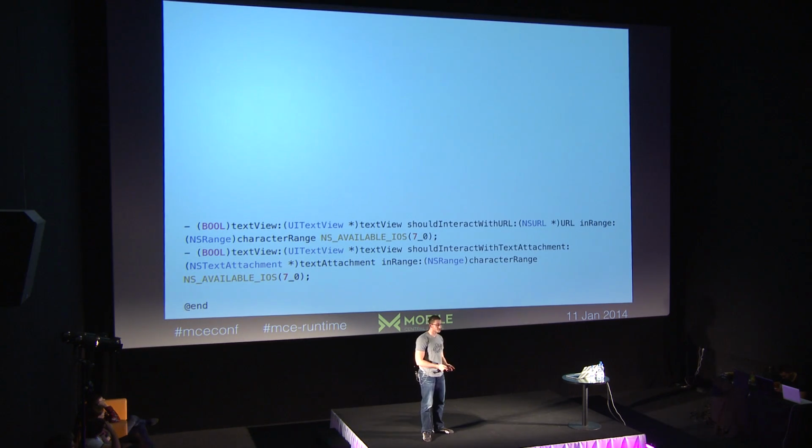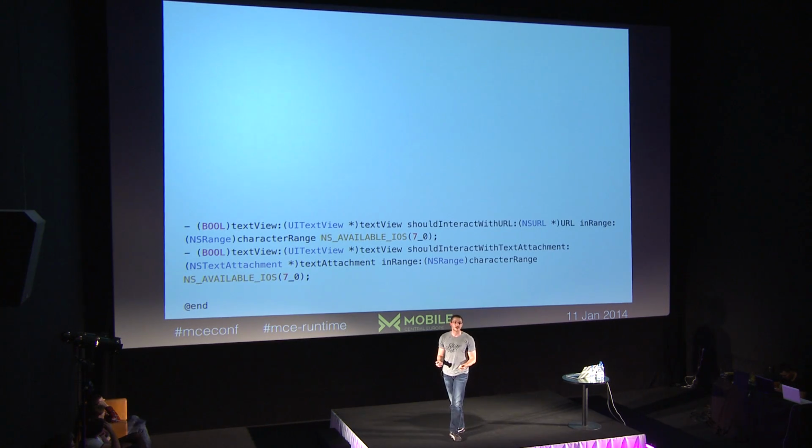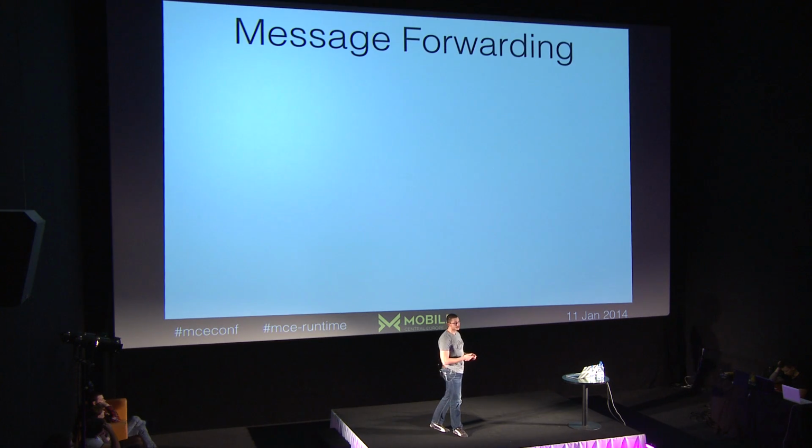And since I already told you that text views are very much a 1.0, it wouldn't surprise me at all if we get another delegate method in iOS 8, and then my code would no longer work. And in iOS 8, I might have forgotten what crazy things I did in there and didn't write the forwarder, and then the delegate's just not called, and it's a bug waiting to happen. So manually forwarding is really not what we want.